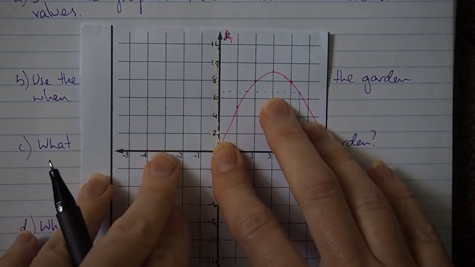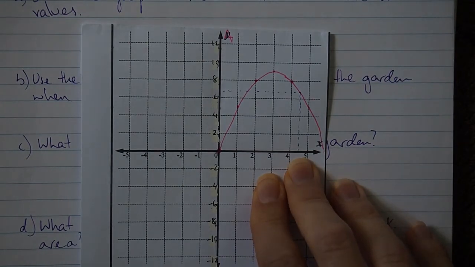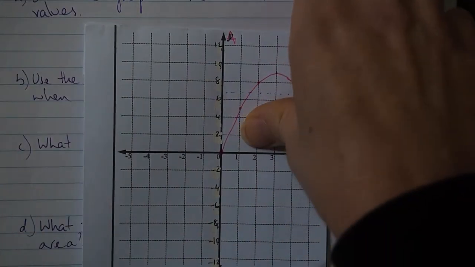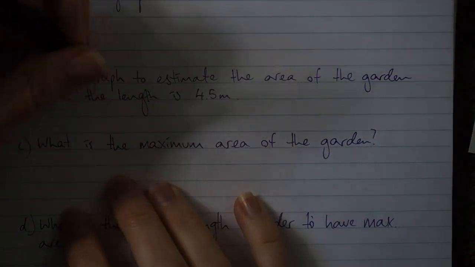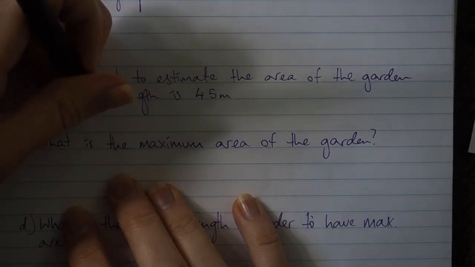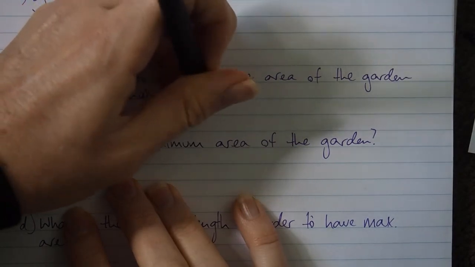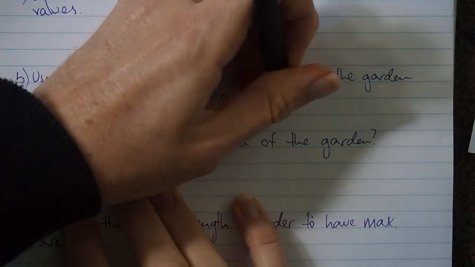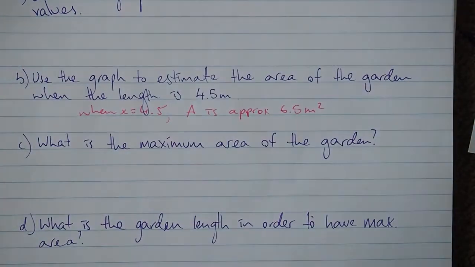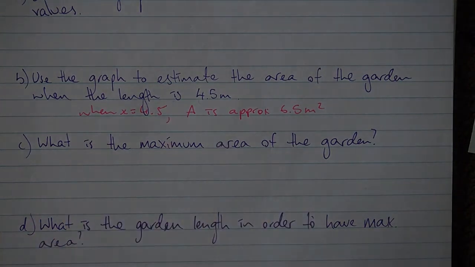We're going to get a value of about 6.5. So what that tells us is, if the length of the garden bed is 4.5 meters, our area will be about 6.5 square meters. So we say when x equals 4.5, A is approximately 6.5 square meters. It's just a matter of being clear about what you're talking about. Don't just write 6.5. Say what it is that you're saying.